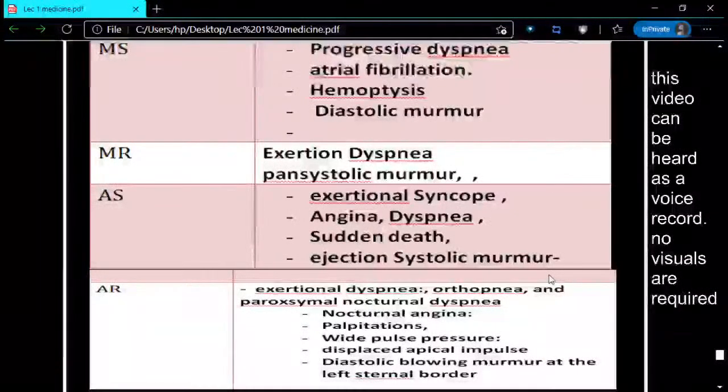Also, just like the MR, being the backflow also. Orthopnea, a special case.